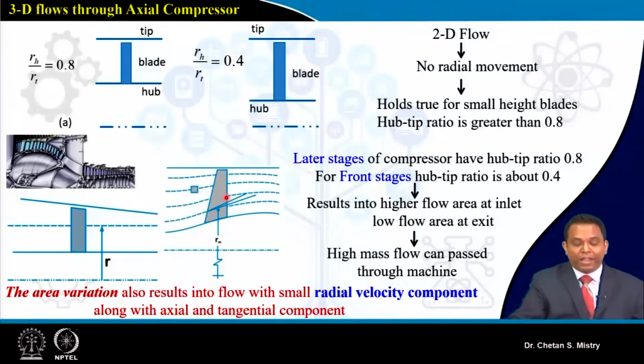Because of that, we will have one more velocity component, the radial velocity component, along with the axial and tangential velocity we were discussing earlier. So the three-dimensionality of the flow happens because of the flow track you have.